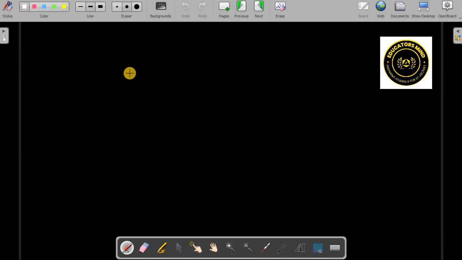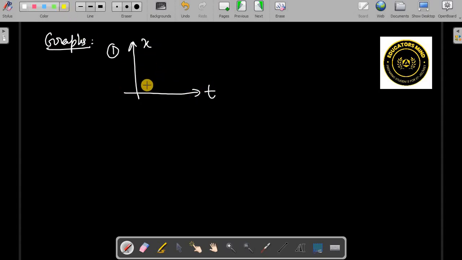Now it is important to know about graphs. Already we have discussed graphs. In graphs we have discussed three things: slope, shape and area. Now here we will see the applications briefly. So let's take graphs. First, if you take the position-time graph, the x-t graph, what does the slope of this graph indicate?